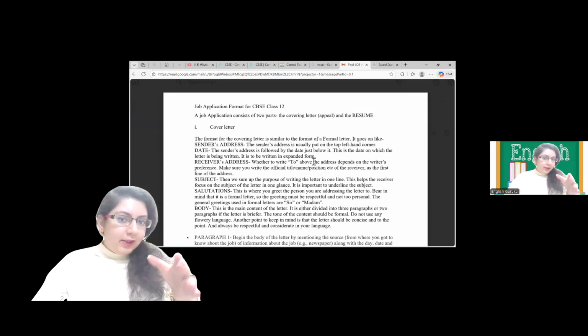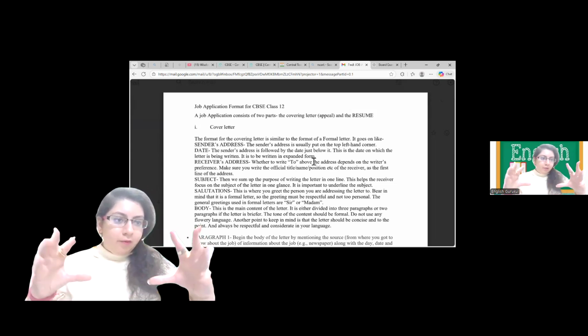The sender's address is followed by the date just below it. This is the date on which the letter is being written, so obviously you will not write the day before or the day after. It is to be written in expanded form.